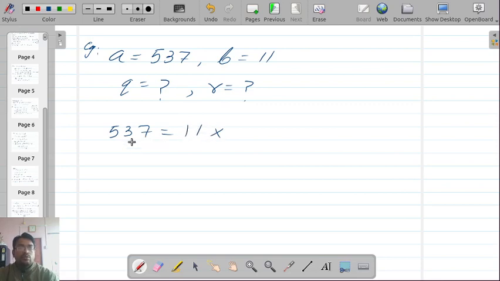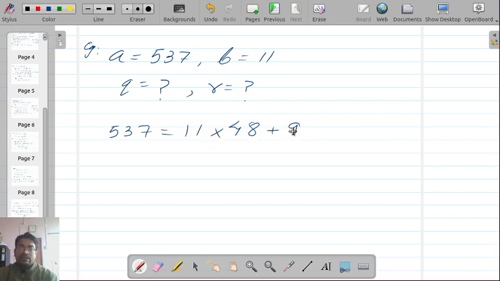So 11 into what? 11 4 times is 44. 11 8's are 88. 88 plus 9 is 97, right? So it's 11 into 48 plus 9.